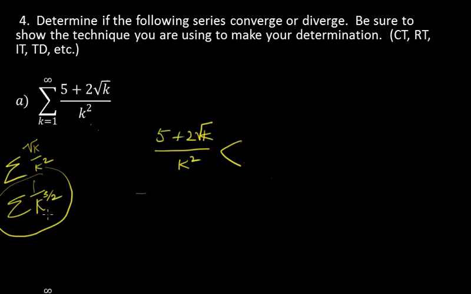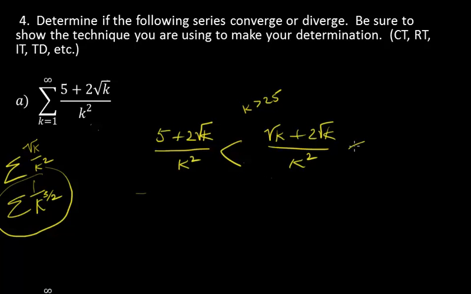So I could do that because I could say, well, after k is 25, 5 is less than the square root of k. So 5 plus 2 times the square root of k over k squared is less than 3 times the square root of k over k squared, if k is greater than 25, and we're only concerned with large values of k.